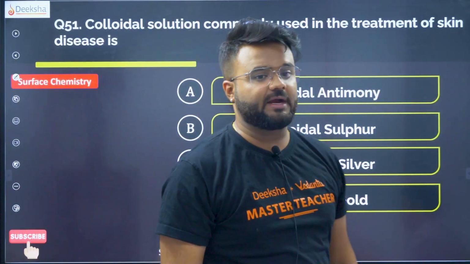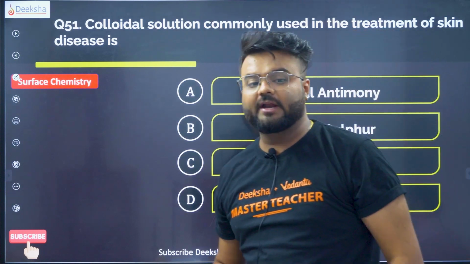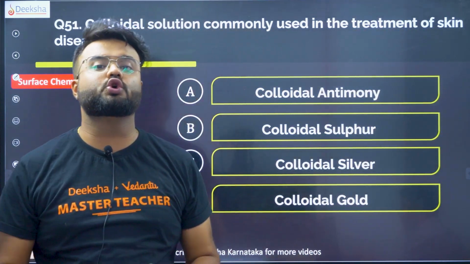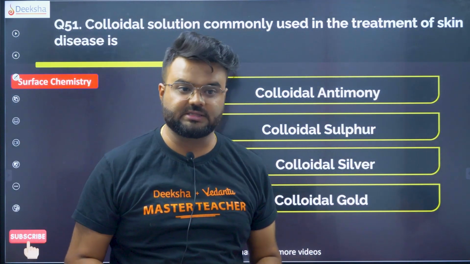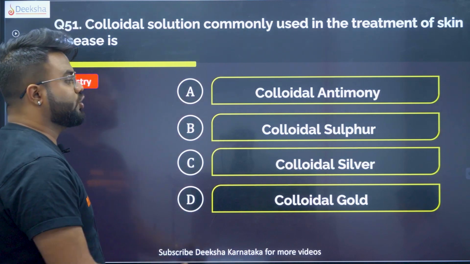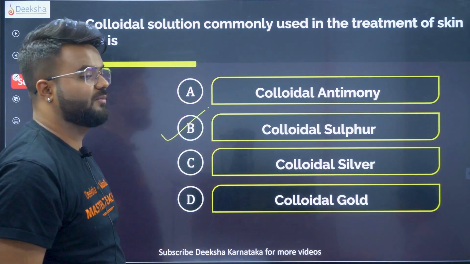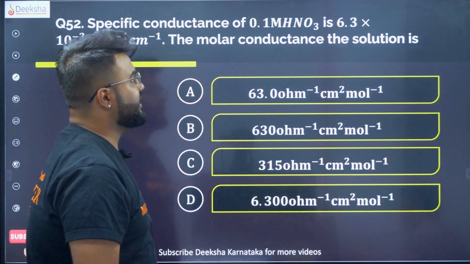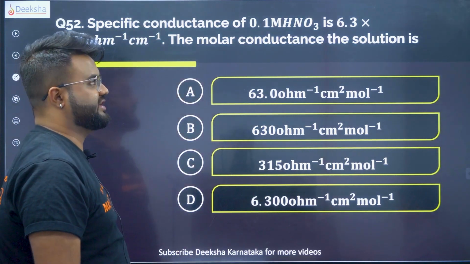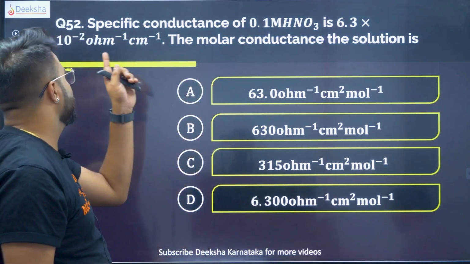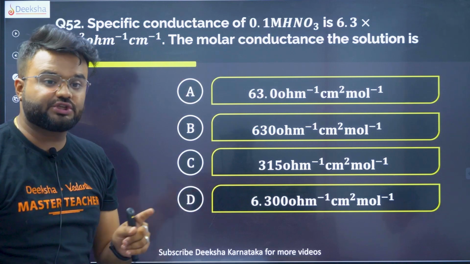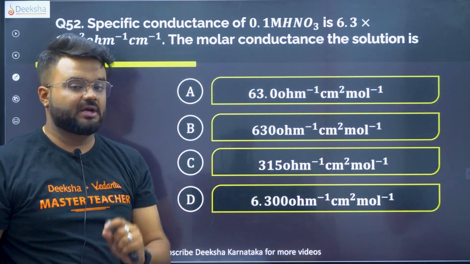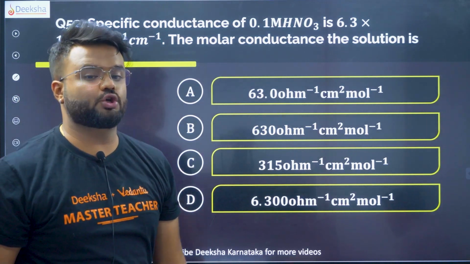Now again coming back to question number 51. Colloidal solution commonly used in the treatment of skin disease, that is nothing but your colloidal sulfur. This is here from your surface chemistry chapter. Next, specific conductance of 0.1 molar HNO3 is 6.3 into 10 to the power of -2 per ohm per centimeter. Then the molar conductance of the solution is.